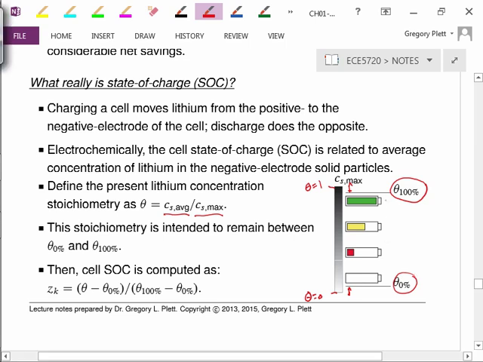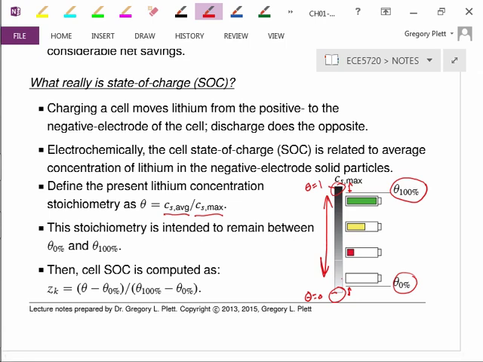And so you can see the cell, the green one is fully charged, yellow is partially charged, red is low charge, and empty is no charge in the image that I have there. Then I have this gradient here trying to show between full with the black and empty with the white, just to give this overall idea. In any case, the stoichiometry of the cell is intended to remain between those limits, theta 0% and theta 100%.